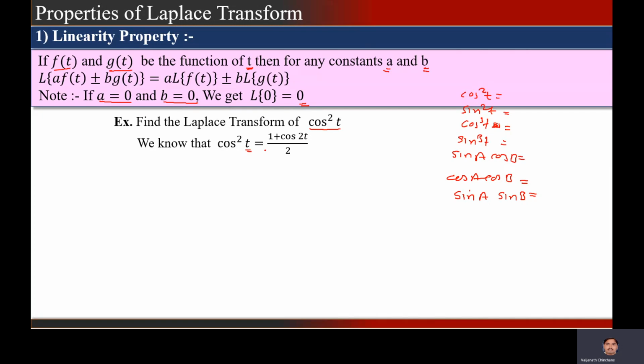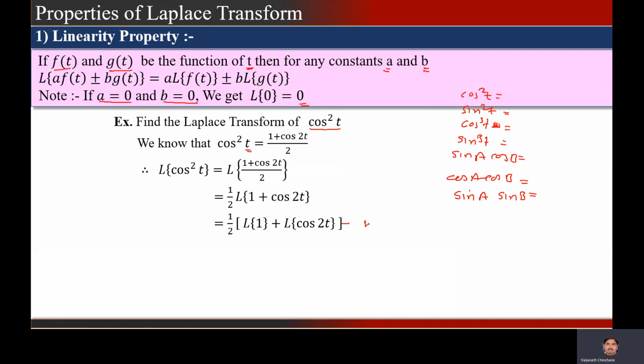Such as here we know that cos square t is equal to 1 plus cos 2t divided by 2. So cos square t is nothing but this term, take 1 by 2 common, and take the Laplace of 1 plus Laplace of cos 2t. So separate it by using linear property.